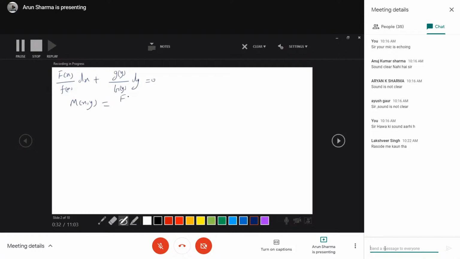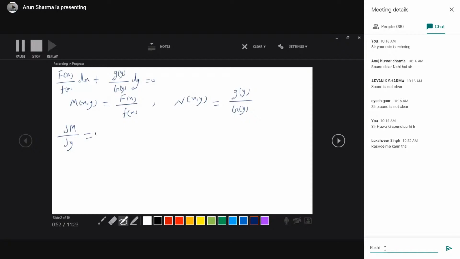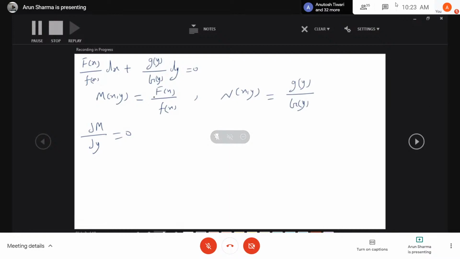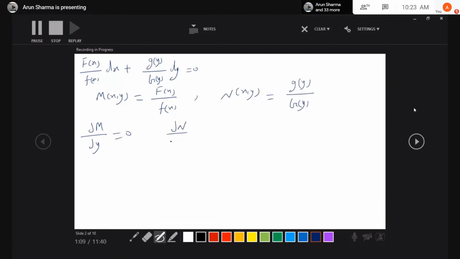M(x,y) is f(x) upon f(x) and N(x,y) is g(y) upon g(y). So del M upon del y is 0. Why? Because M(x,y) is just a function of x, so if you differentiate it with respect to y, everywhere we have just x. So del M upon del y would become 0. Similarly, del N upon del x is 0.